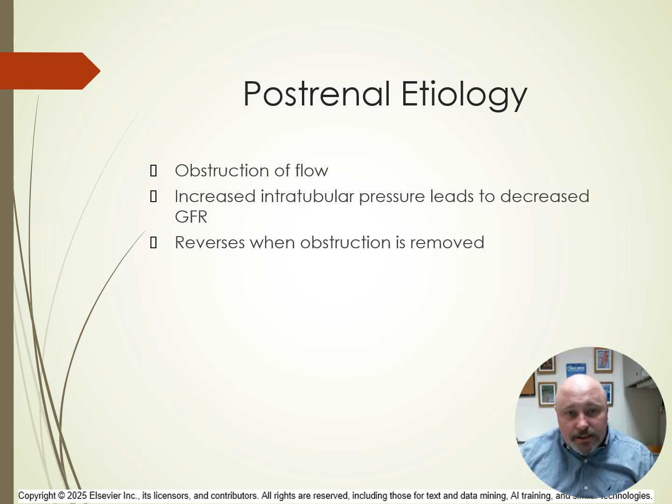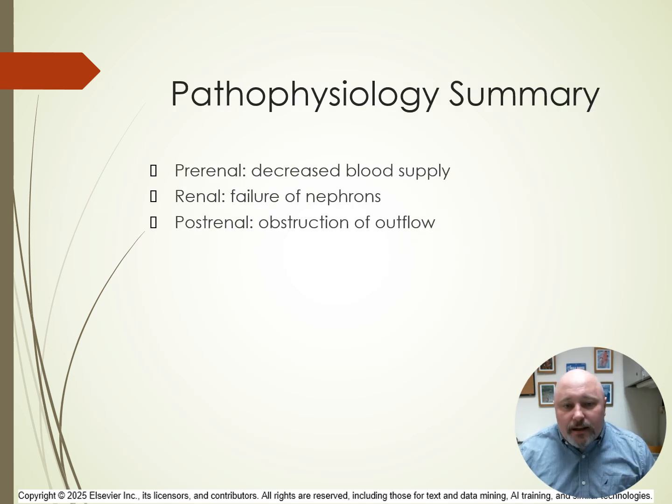With postrenal conditions, increased intratubular pressure results in a decrease in the GFR and abnormal nephron function. The presence of hydronephrosis on renal ultrasound or a post-void residual volume greater than 100 milliliters is suggestive of postrenal obstruction. To summarize, prerenal is decreased blood supply, intrarenal is failure of the nephrons, and postrenal is obstruction of outflow.